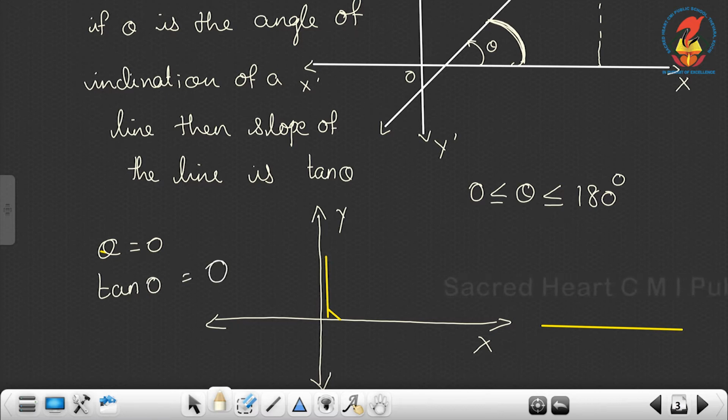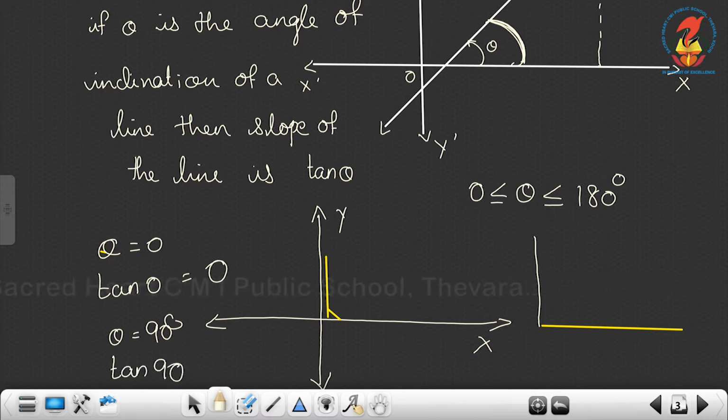Tan 0 is 0. Then if theta is equal to 90 degrees, that is when the line is like this, then theta is 90. So what is the slope? Tan 90. Tan 90 is not defined. Okay, tan 90 is not defined.